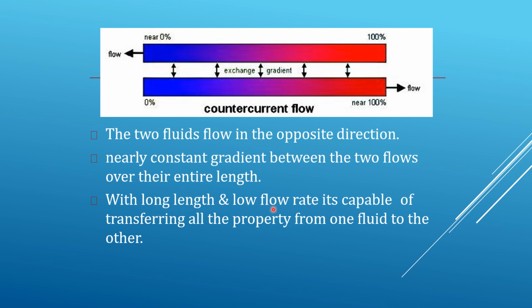With long length and low flow rate, it is capable of transferring all the property from one fluid to the other. In the previous case we have seen it is capable of transferring only half, that is 50%. Here 100% transfer occurs from one flow to the other. So that is the difference between concurrent and countercurrent flow.